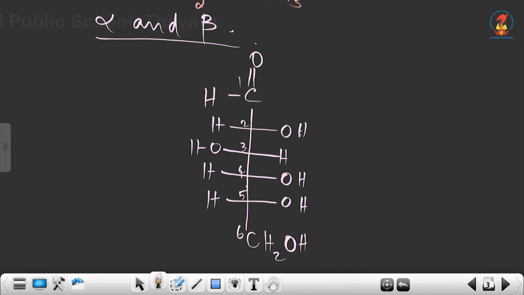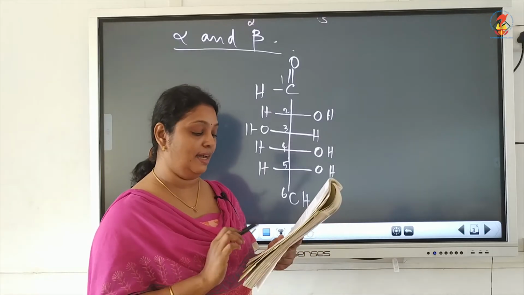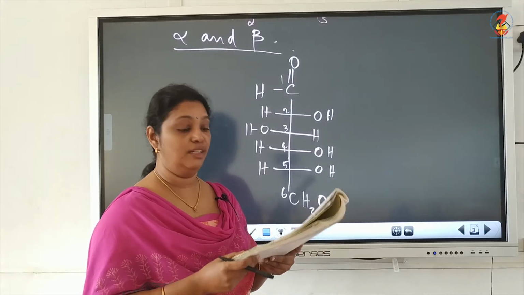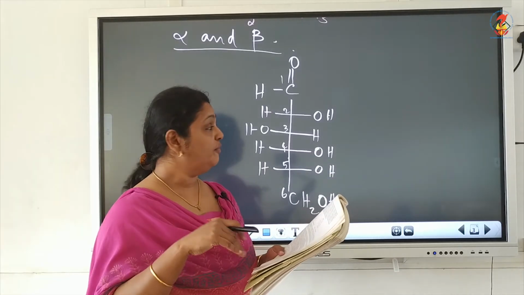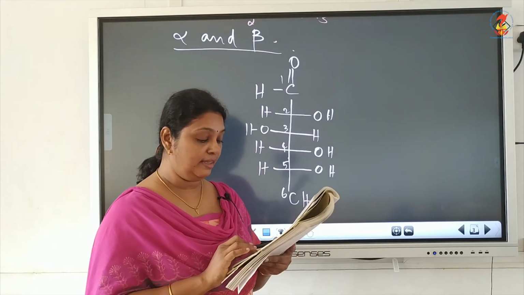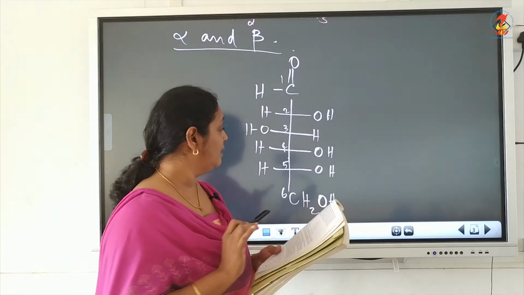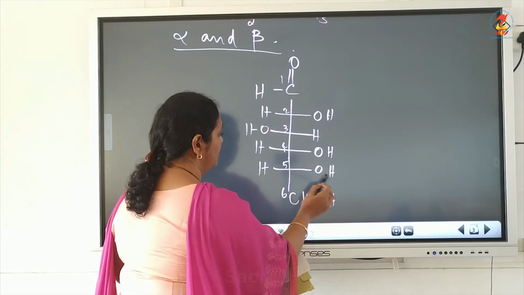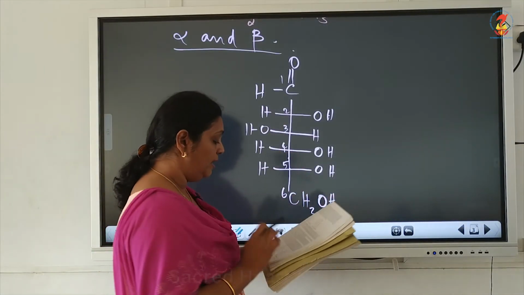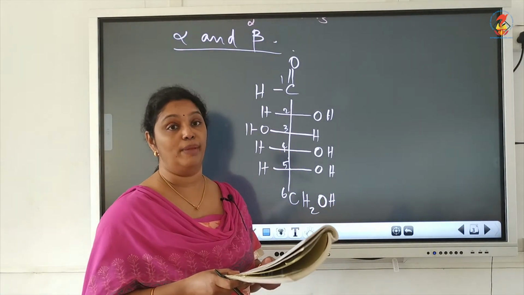Now to form the cyclic structure, one of the OH groups may add to the CHO group and form a cyclic hemiacetal structure. And in glucose, it forms a six-membered ring in which the OH at carbon number 5 is involved in ring formation.